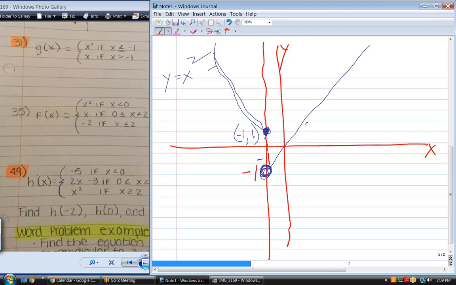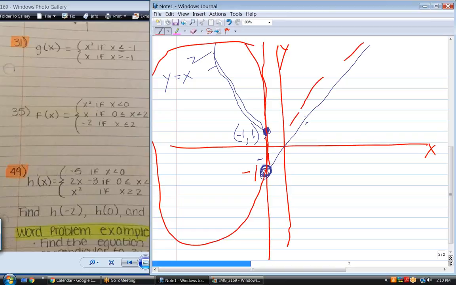Always going to start on the far left, and I only have one function that defines that entire space. And that's y equals x squared, but only when x is less than or equal to negative 1. And this function here, there's only one function that describes that, which is y equals x. But only when x is greater than negative 1.